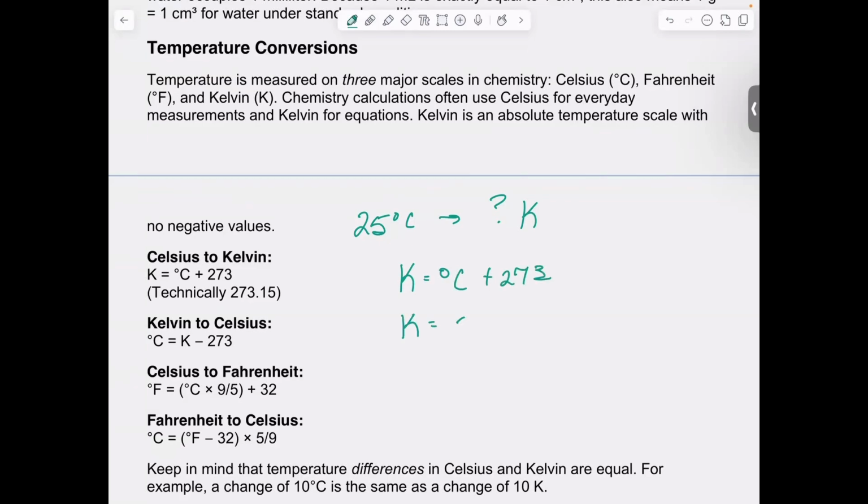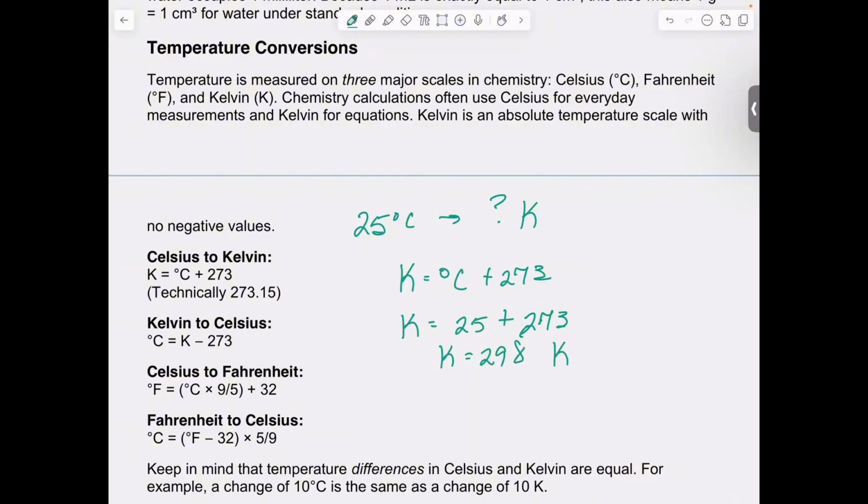So Kelvin is 25 plus 273. 25 plus 273, I believe that should be 298. I've seen that a lot. Yeah. Kelvin equals 298 Kelvin, right?